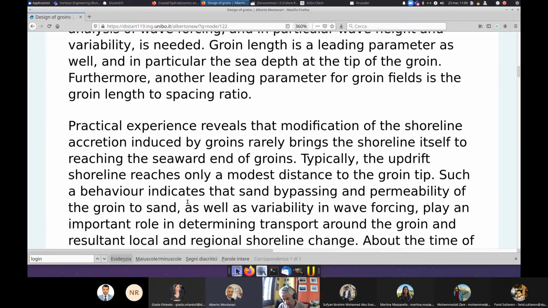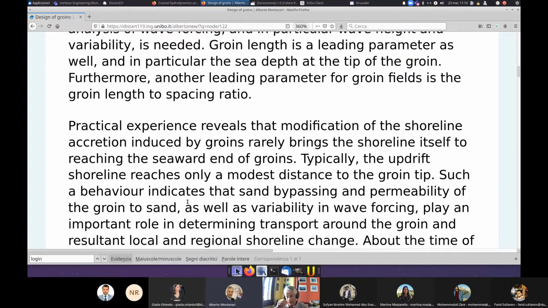This is why we may consider coupling the building of the groins with beach replenishment. Furthermore, take into account, as I already mentioned before, that groin interventions never bring the new shoreline up to the top of the groin.